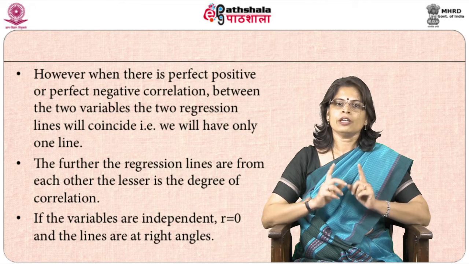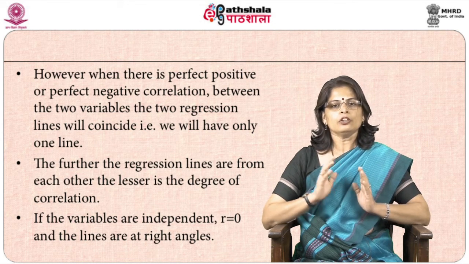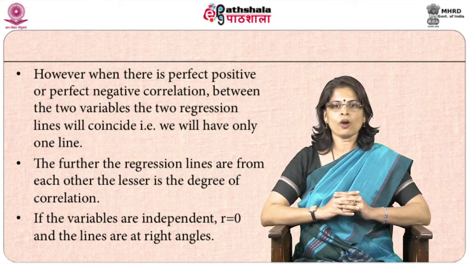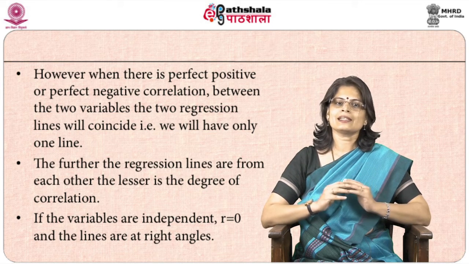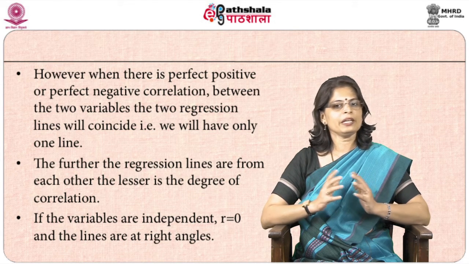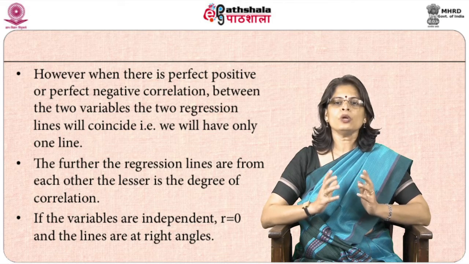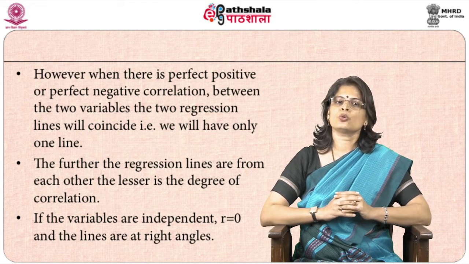That is, in that case, we will have only one line. The farther the regression lines are from each other, the lesser is the degree of correlation between them. If the variables are independent, r is 0, then the two lines are at right angles to each other.